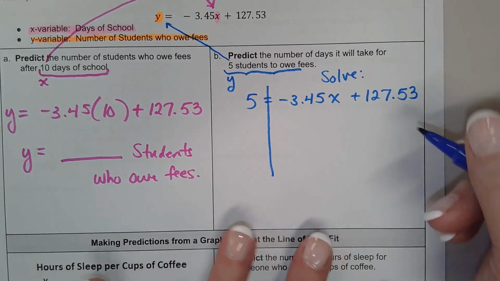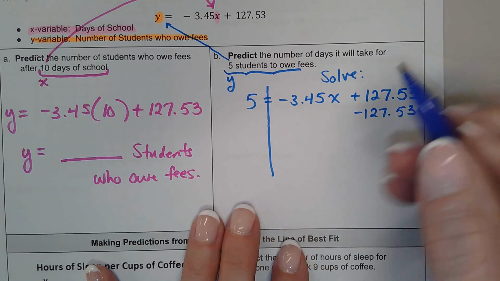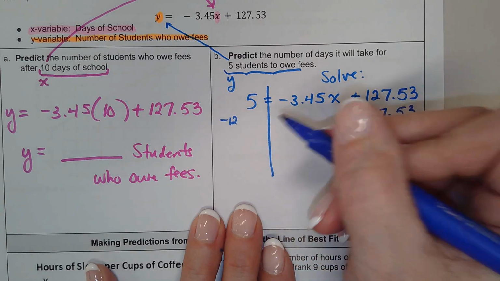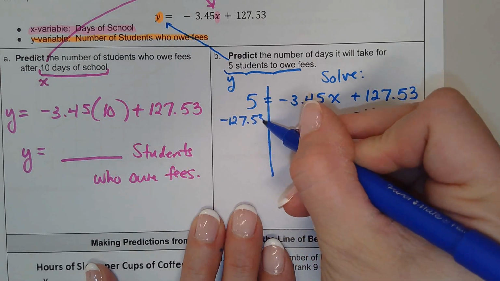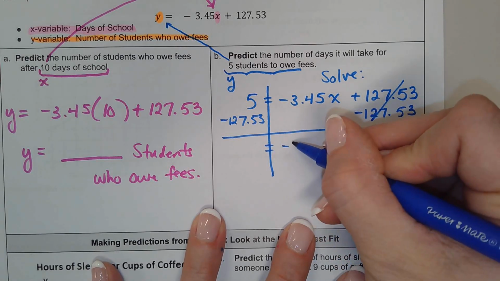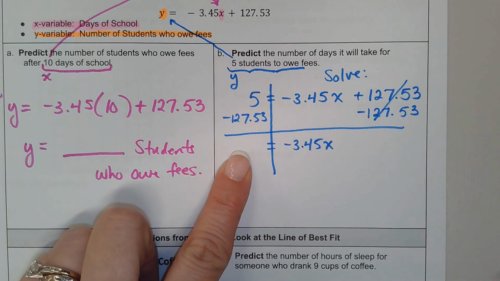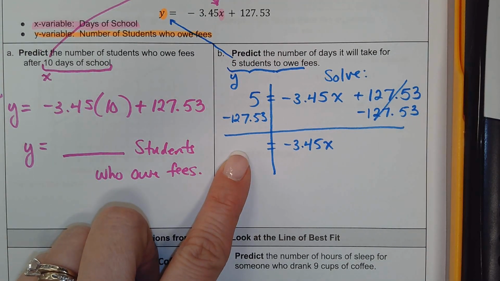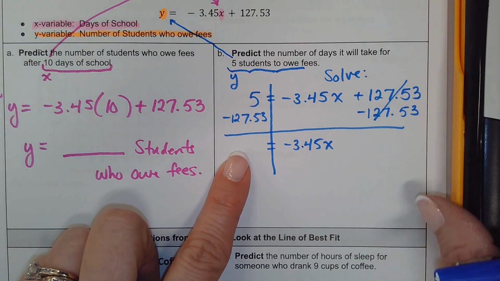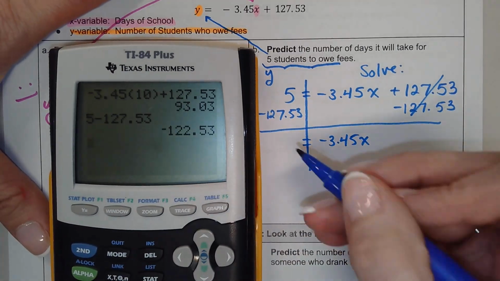So for this one, when they tell you output, we have to solve. Using our solving skills, let's subtract 127.53 from both sides. Okay, negative 3.45x. And what do you get right here? Okay, I'm getting a negative, which is really weird.